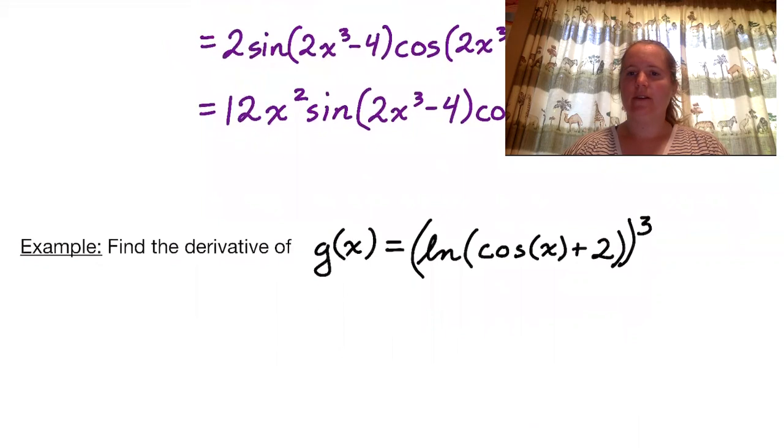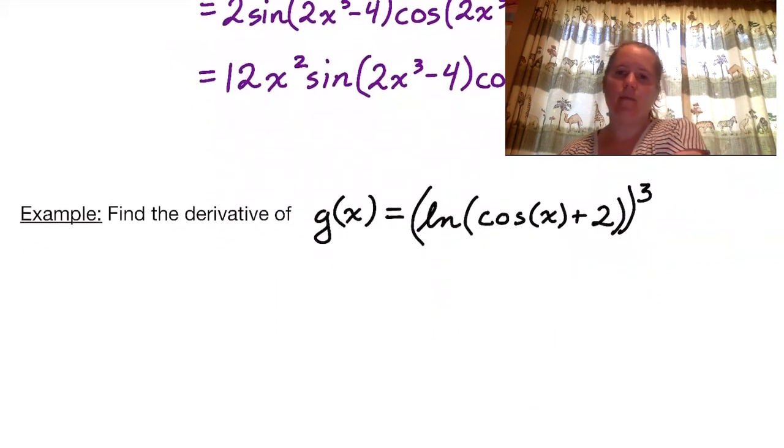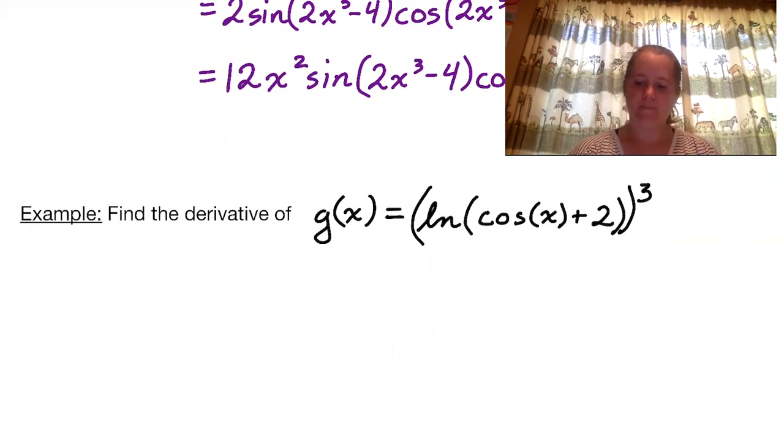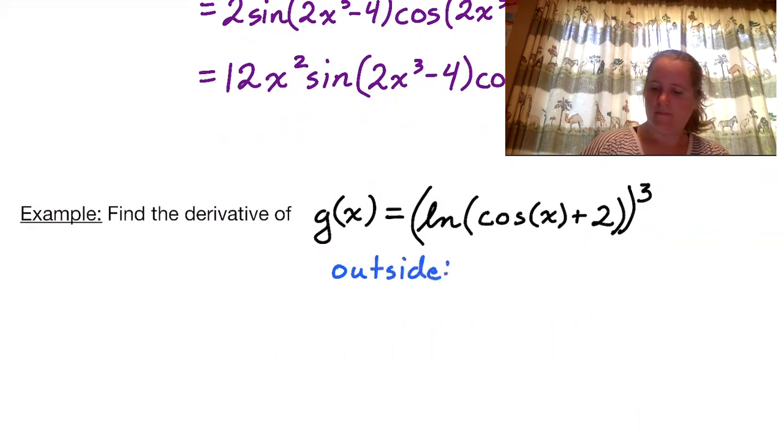So if we look at this next problem, we need to find the derivative of g of x equals the natural log of cosine of x plus 2, that entire thing cubed. So again, we have an outside function of something cubed.